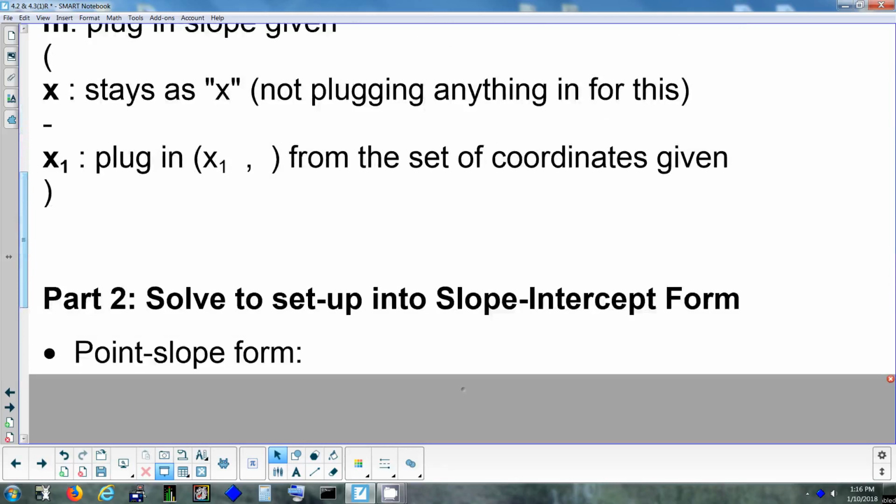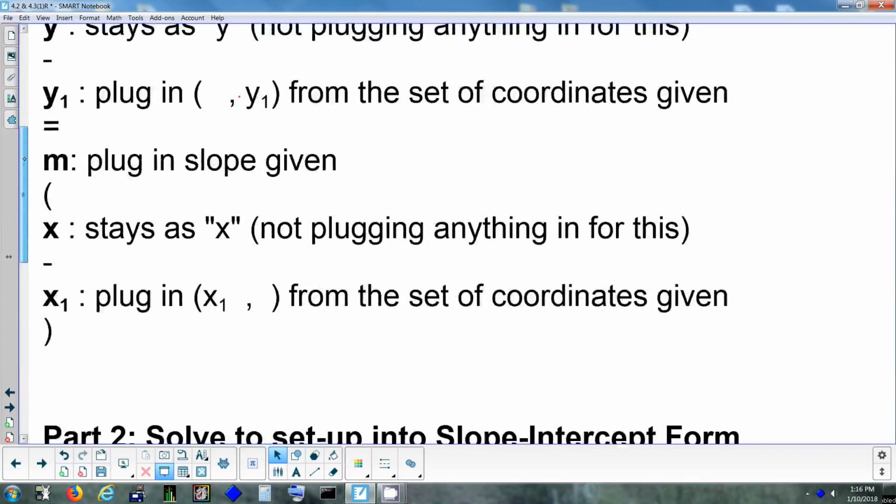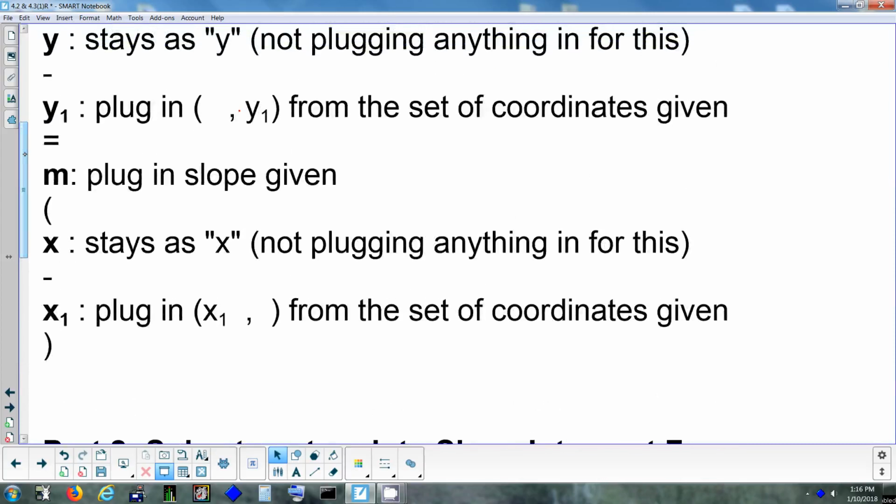So now, I know step 2 says we're going to set it up in slope-intercept form. But let's go through step by step right now, and we'll set it up in point-slope form.